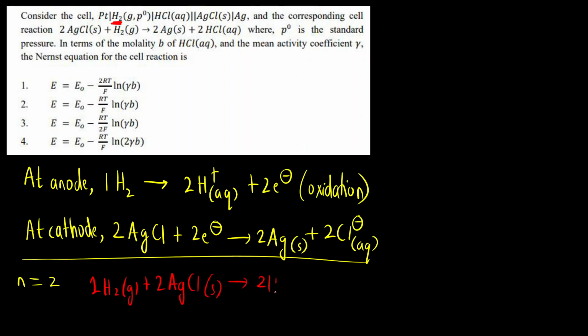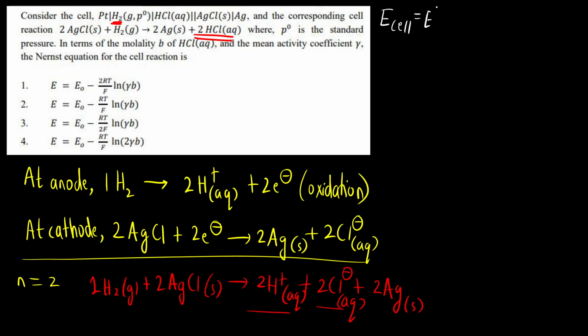It gives 2 H plus aqueous plus 2 Cl minus aqueous plus 2 Ag solid. This 2 H plus aqueous and 2 Cl minus aqueous, they have written as 2 HCl aqueous. Now we have to find out what is the formula for the Nernst equation.